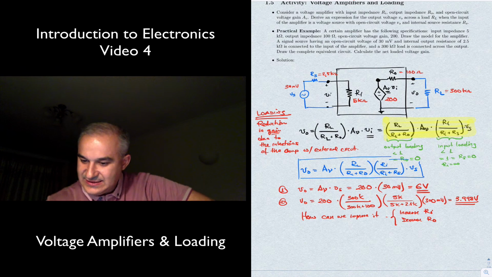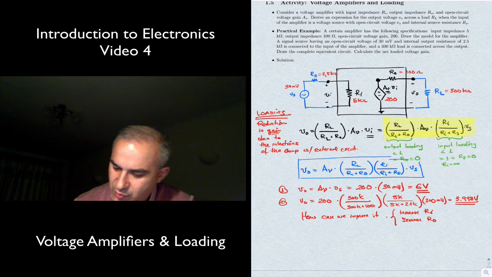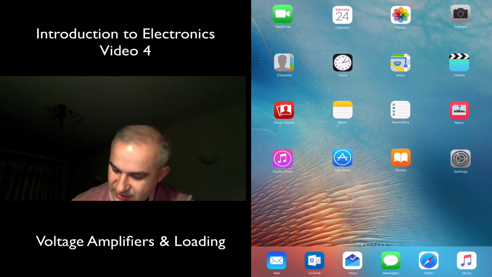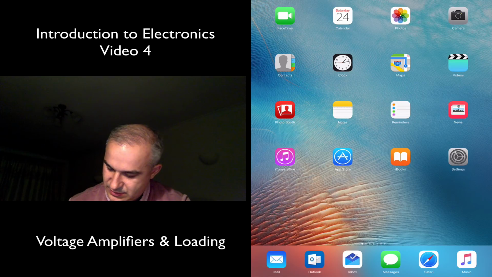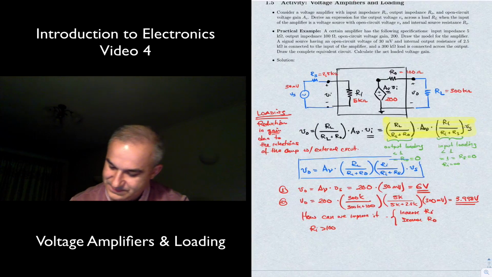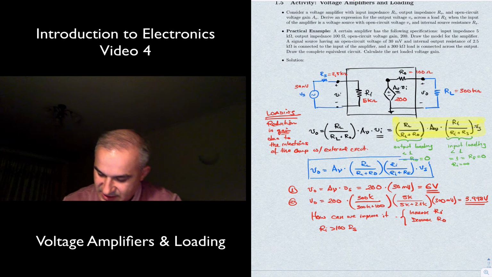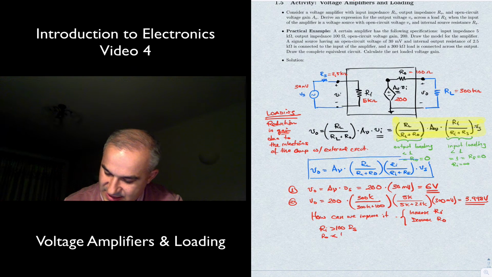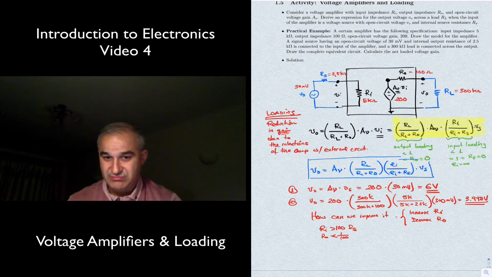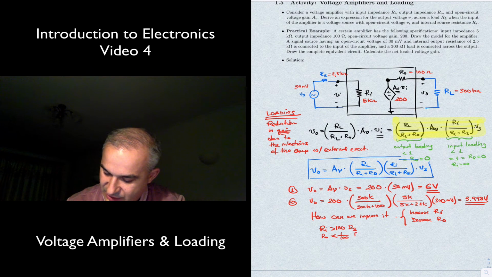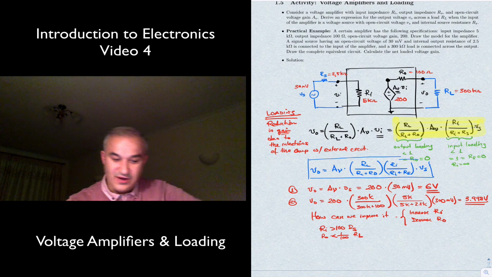Now in this case, we will want that Ri is greater than 100 times Rs, and that Rout is 100 times smaller than RL, right? And in this case, we are there.